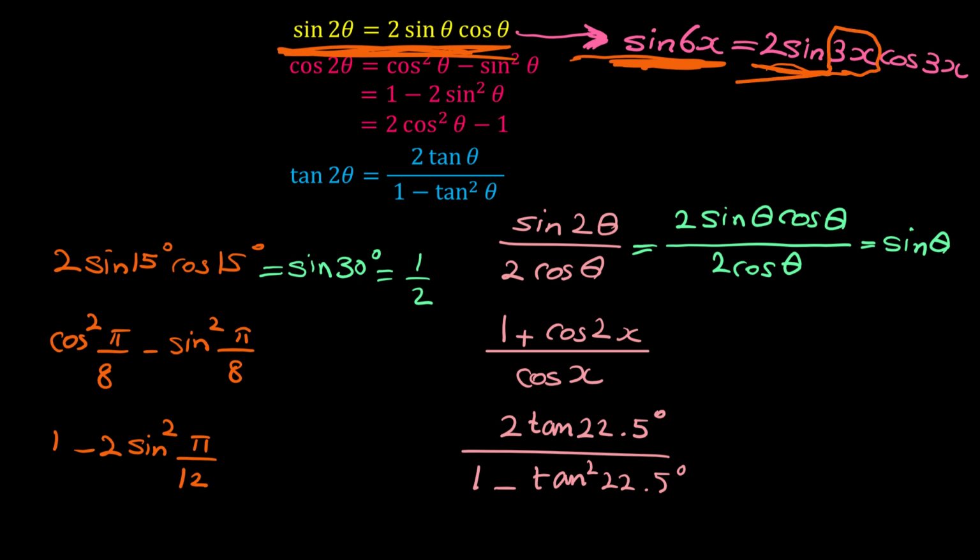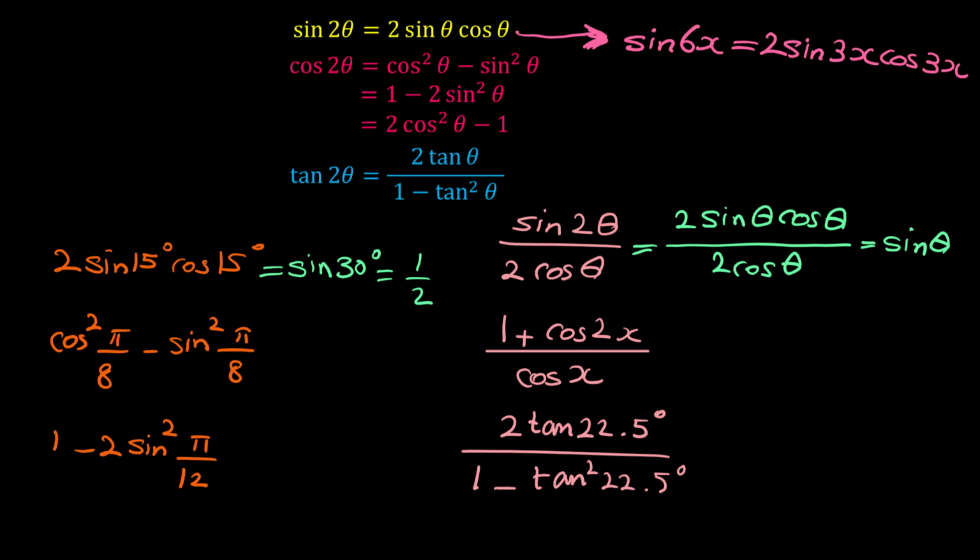Why 3x here? Because when it is 2 theta, the other side is theta. So if here is 6x, half of 6x is 3x, cosine of 3x.